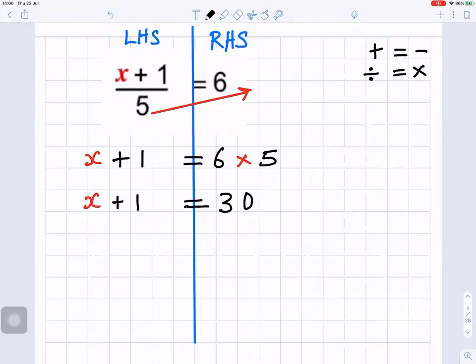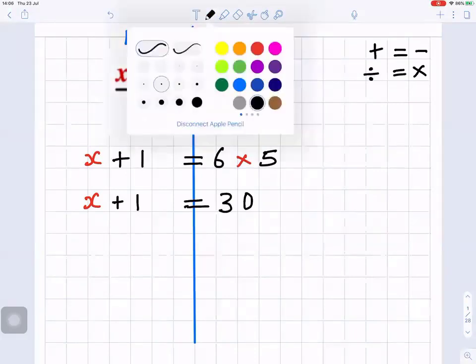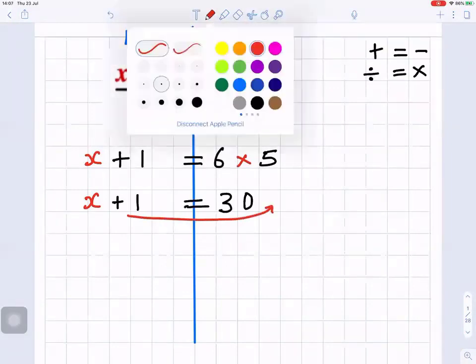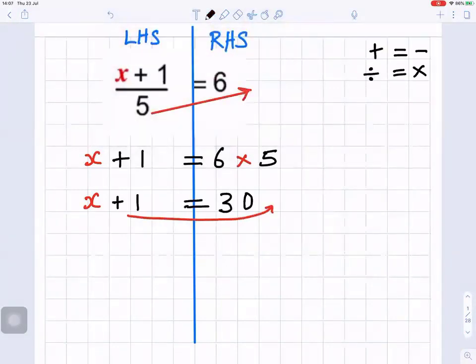And now you can solve this straightforward easily, because you know how to solve x plus 1 equals 30. You subtract 1 from both sides. So it's plus 1. If you take the plus 1 to that side, it becomes minus 1. That's another way to look at it.